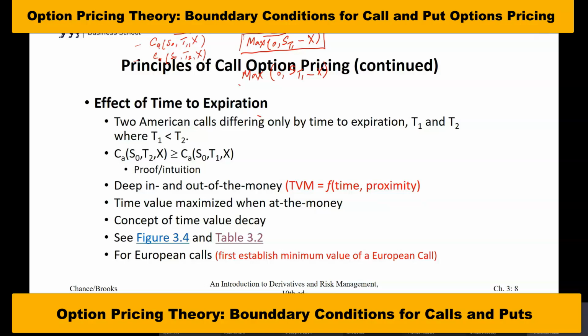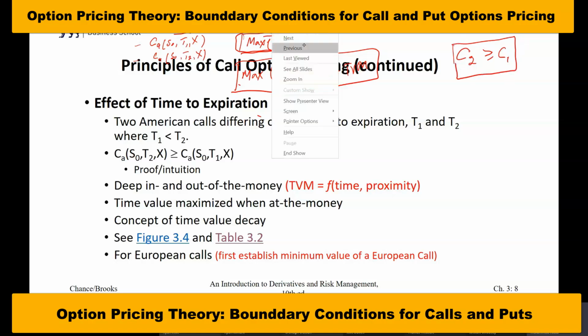Okay, so it will also have the time value of money. So in such a case, we see that this portion of the value of C2 is greater than the intrinsic value at which the C1 will be at expiration. So that is why we say that the value of C2 will always be equal to or greater than C1 when C2 has more time to expiration.